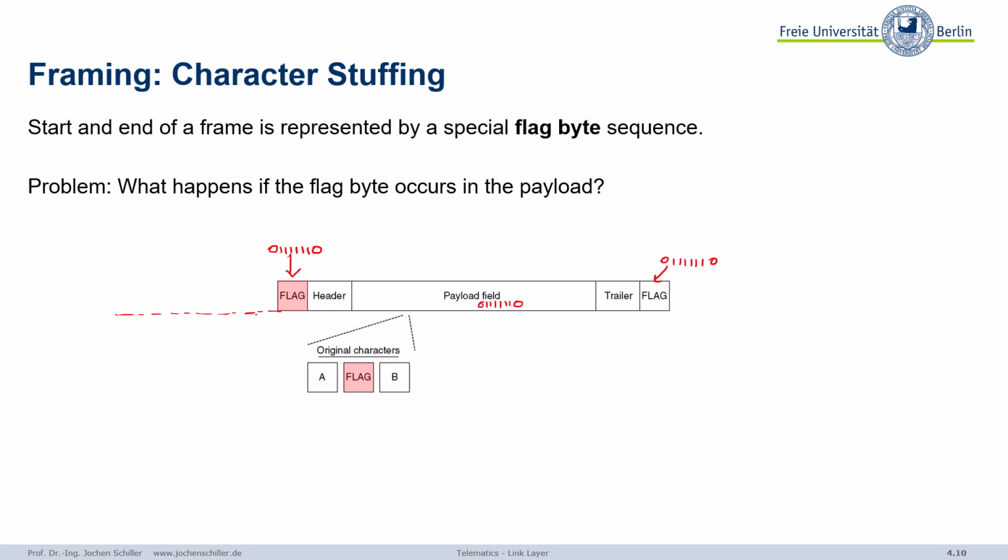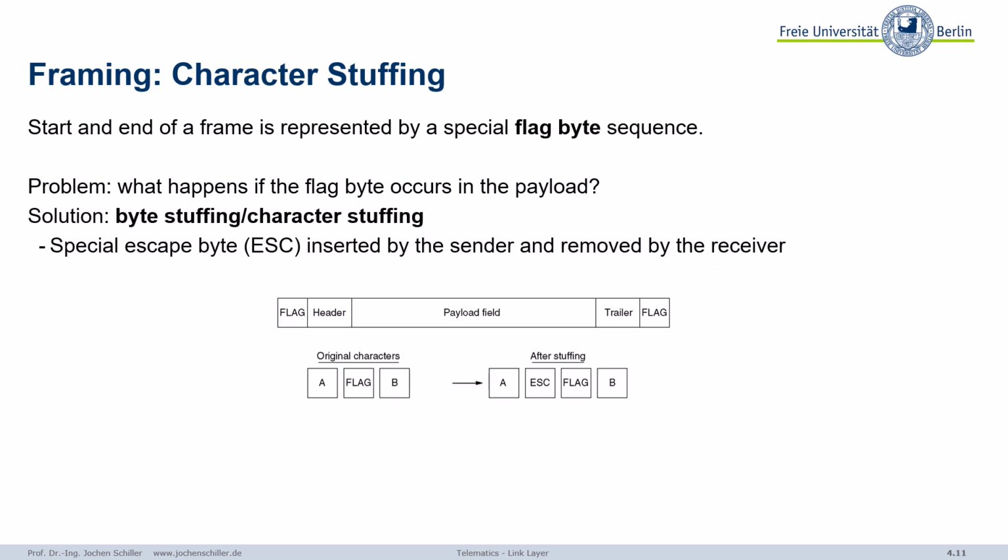And the receiver will then say, okay, I see the flag. This is end of the packet. Okay. And then continues, oh, this is some errors data, whatever. Great, here's a flag. So this is again the begin of the next packet. And you see, again, we're out of sync. So it could be the case we have the flag in our payload. So what do we do?